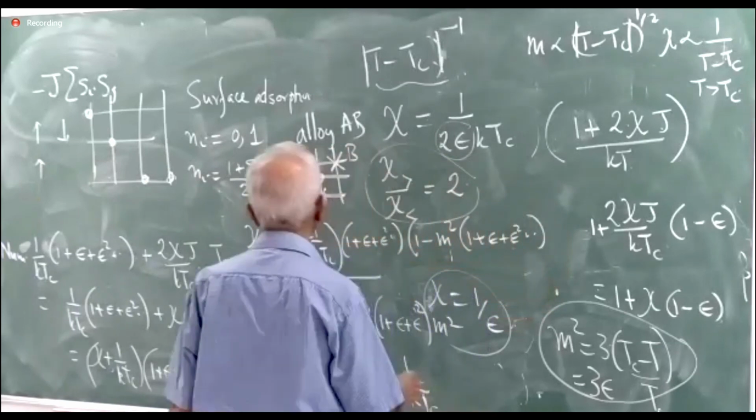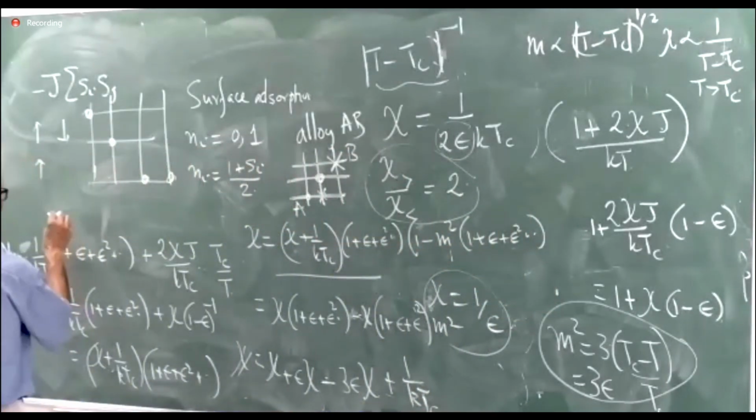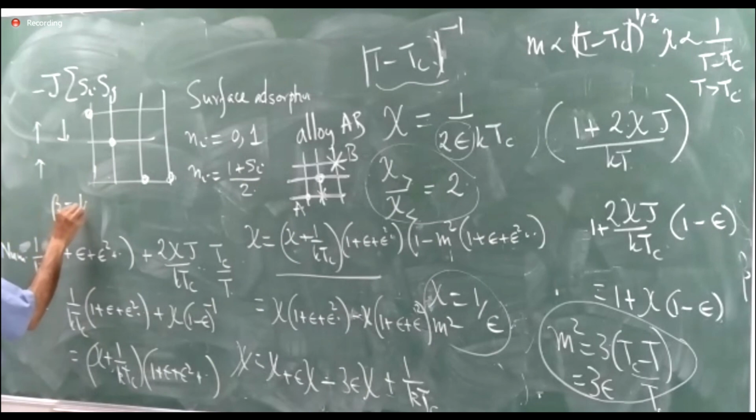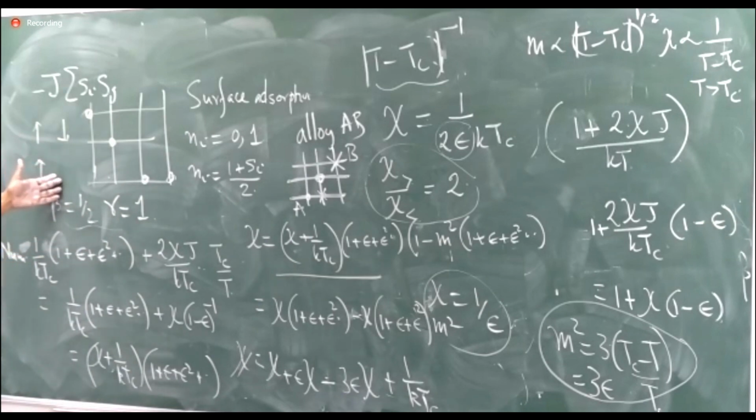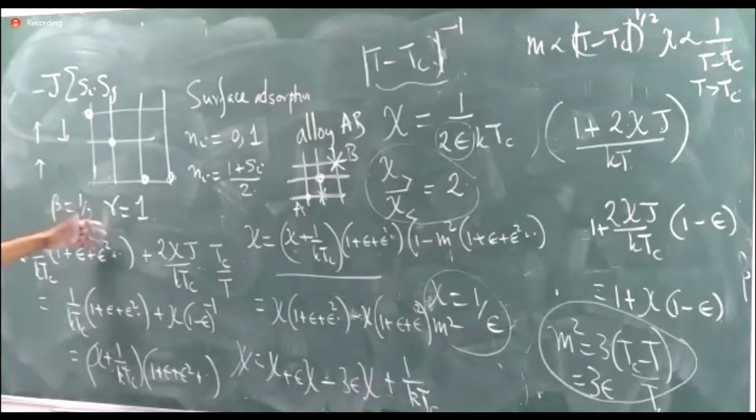Your critical exponents, which came out as beta equal to half and gamma equal to 1, are not quite right, and the reason is that you threw out those fluctuations. So the point has to be that I have to start out with SiSj and try and do a better job.